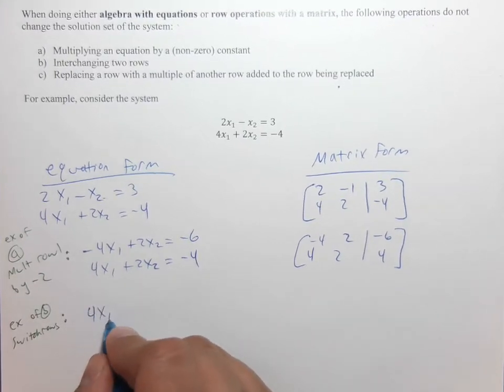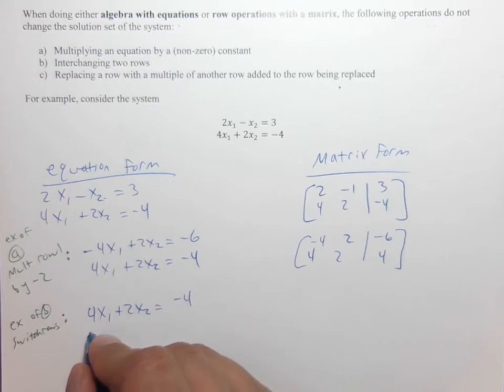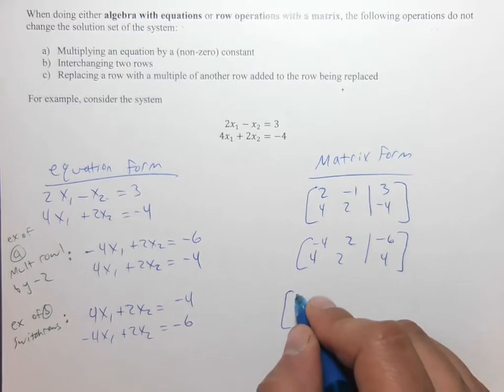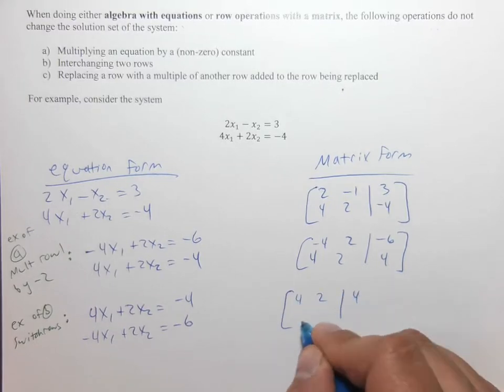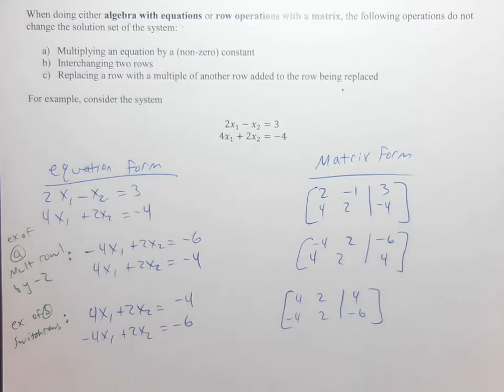So it would look like this. Right, just switch the rows, no big deal. And if we did it in the matrix form, we'd get a similar looking thing. Right, so those are examples of the first two things. We're allowed to multiply by a non-zero number, and we are allowed to switch the rows if we want to.